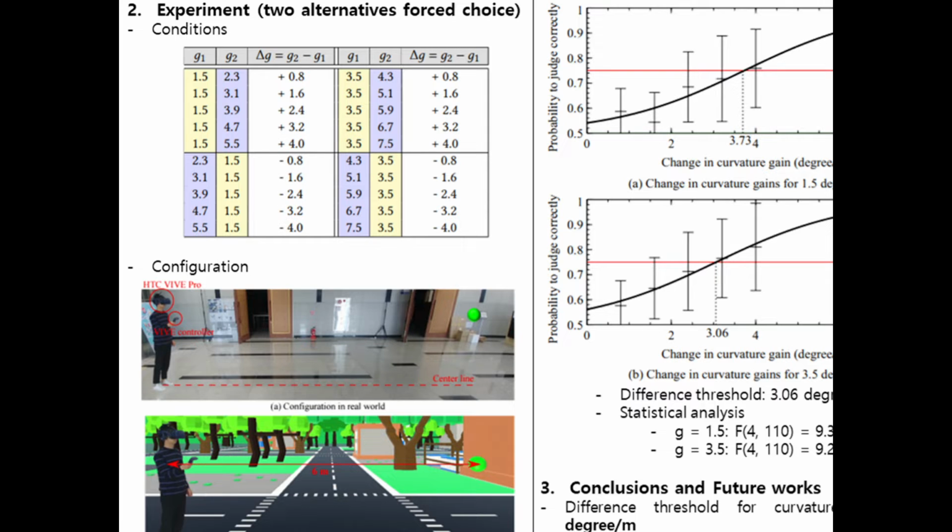Experimental conditions included increasing change and decreasing change, for curvature gains of 1.5 and 3.5, and 5 different magnitudes of change.